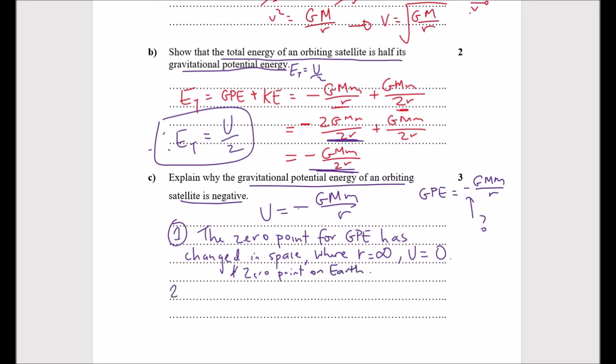The second point is to drag an object. If you imagine you have an object really, really far away, that's our zero point, and we pull it closer here. We've essentially done work in the same direction as the gravitational field.